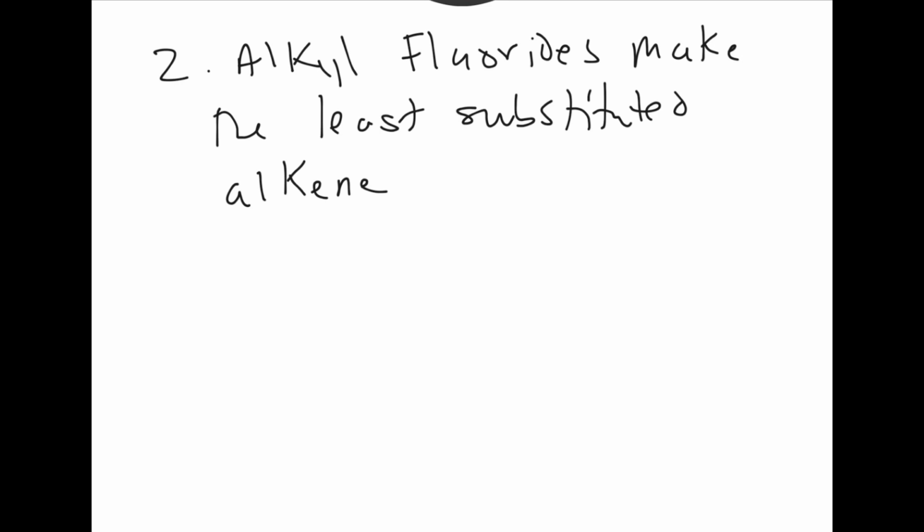This is the only time we use fluorine in any of these. And this is because alkyl fluorides go through a different transition state in an elimination than all the other leaving groups.